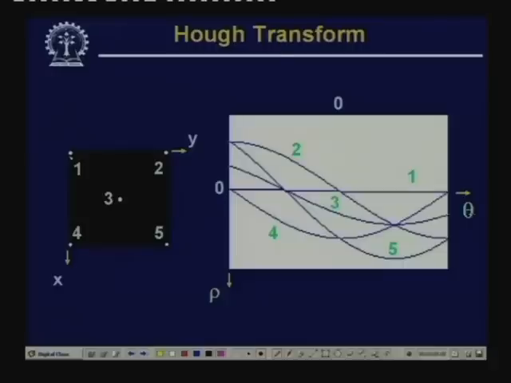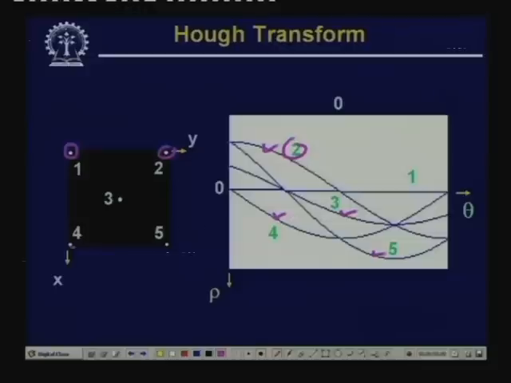So, you find that this point 1 over here has been mapped to a straight line, the point 2 has been mapped to a sinusoidal curve as given by this, the point 3 again has been mapped to this particular sinusoidal curve, 4 has been mapped to this particular sinusoidal curve, and 5 has been mapped to this particular sinusoidal curve.